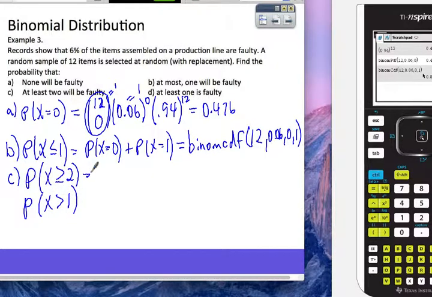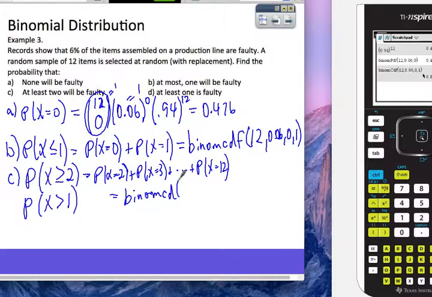But again, what this means is it's the probability of x equals 2 plus the probability that x equals 3 plus, and then all the probabilities up to x equals 12. So obviously, this is not a calculation that you would want to do individually, especially when there's a high number of trials. So again, what we want to use is binomial CDF.